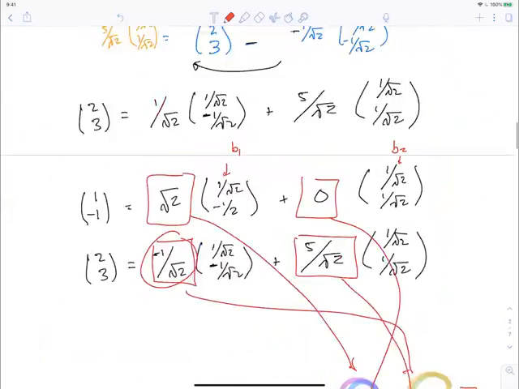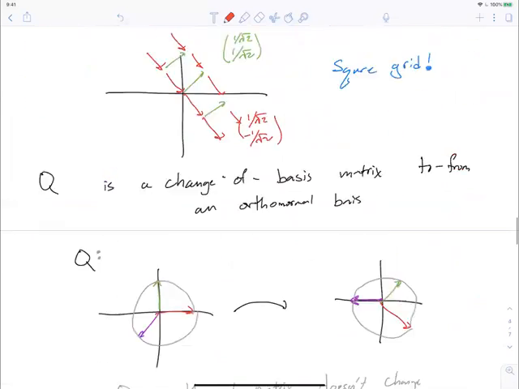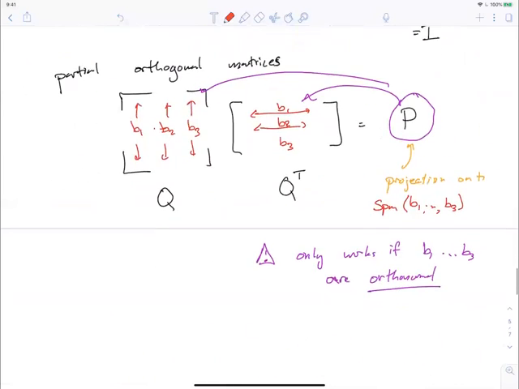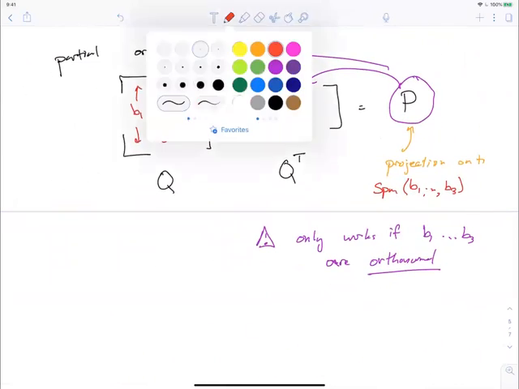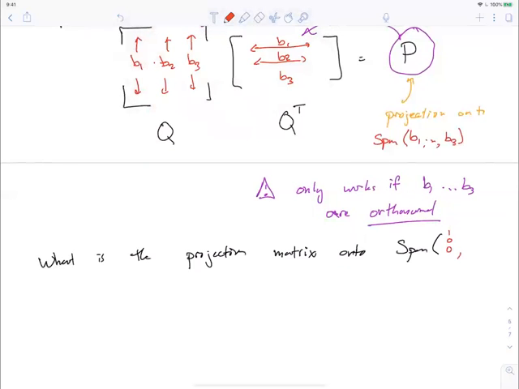So let's do a different example. All right, so let's test this out. So we're going to test out this matrix on a larger example. So let's go ahead and say, what is the projection matrix onto the span of 1, 0, 0 and 0, 1, 0?